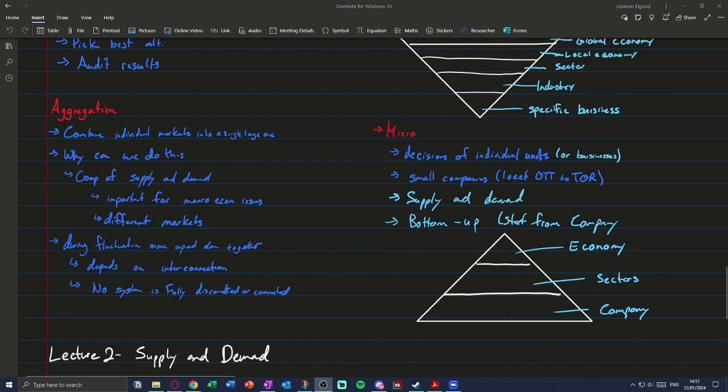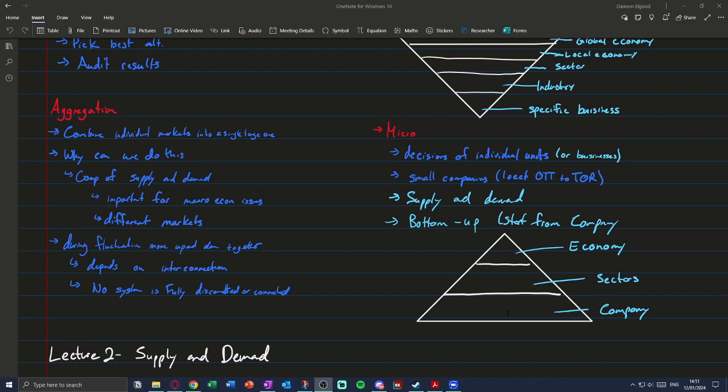And then the last thing we're going to talk about for today is aggregation. It's when you combine individual markets into a single larger one. So why can we do this? It's a component of supply and demand. So it's important for the macroeconomical issues in different markets.